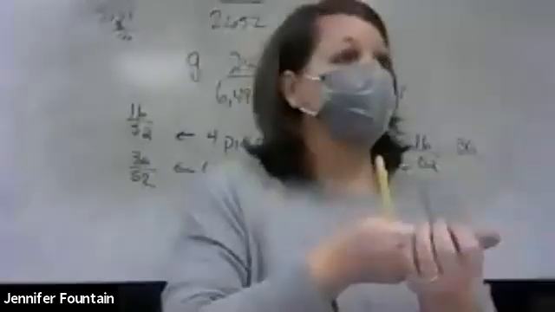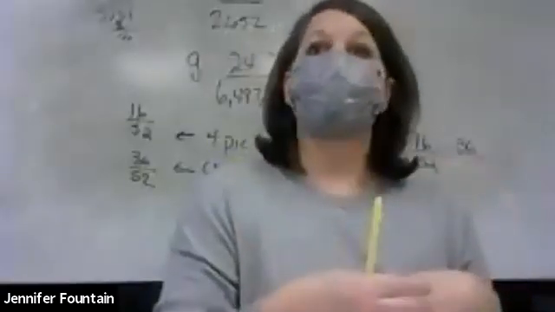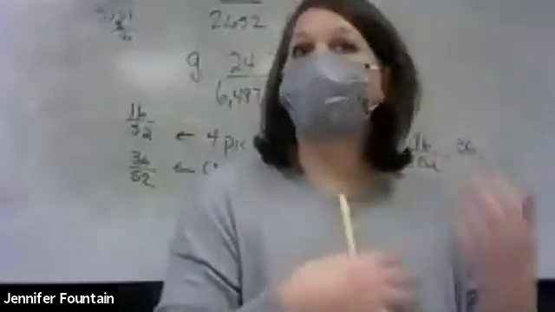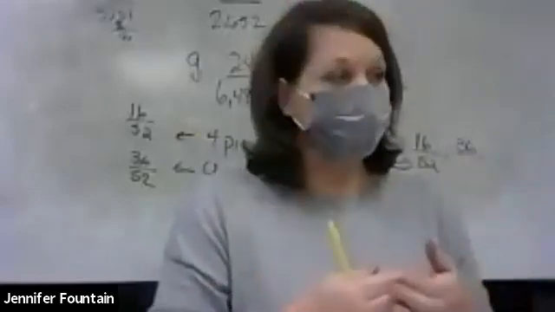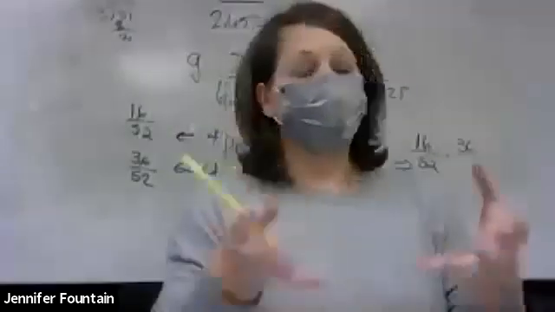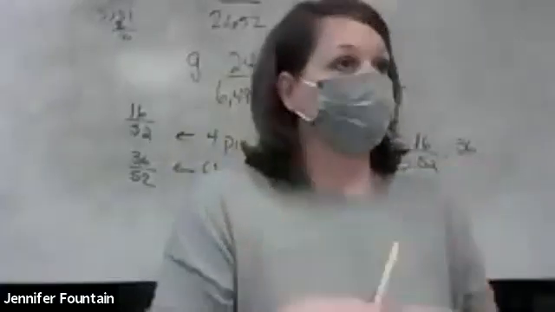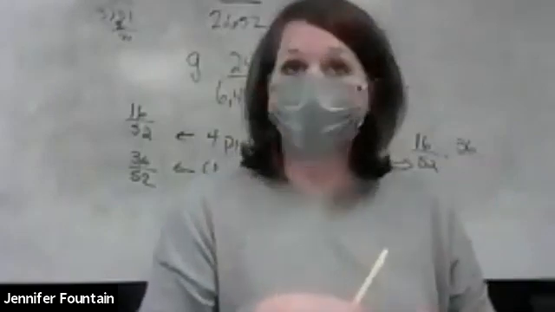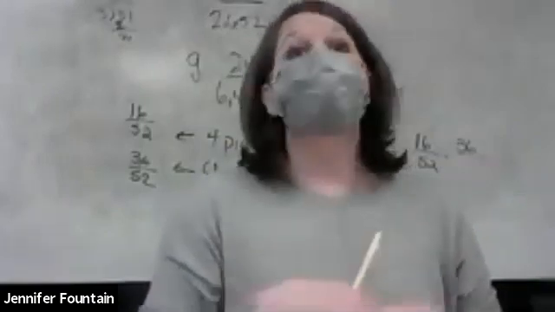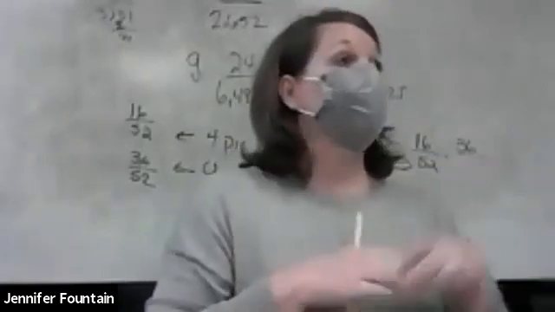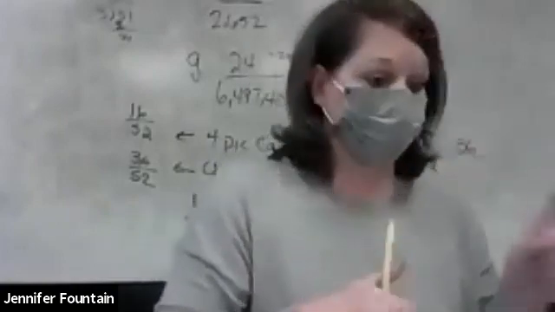So if I added together 5 numbers, I would add them all up, divide by 5. If I added together 3 numbers, add them all up, divide by 3. So take your set of data, add them together, divide by the number of things you've added, and that is called your average or your mean. The first part of your test, you will be calculating the mean for a set of numbers.